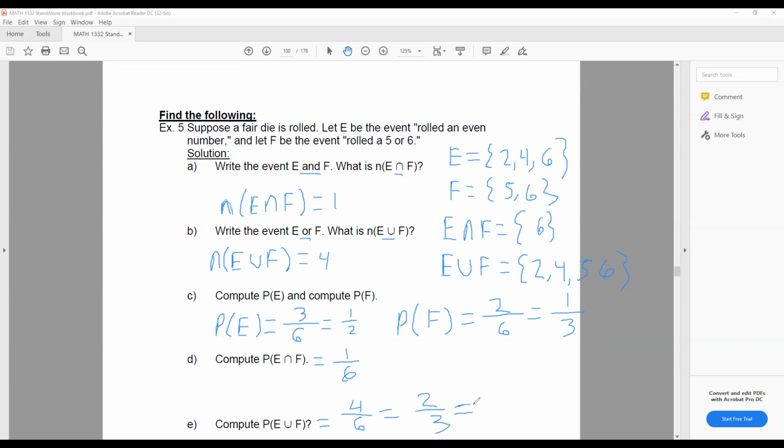Which is roughly a 66% chance. And this is about 33 and change. Anyway, that makes sense. I know the actual answer might be simple to find, but the theory makes sense because it's going to get more complicated.